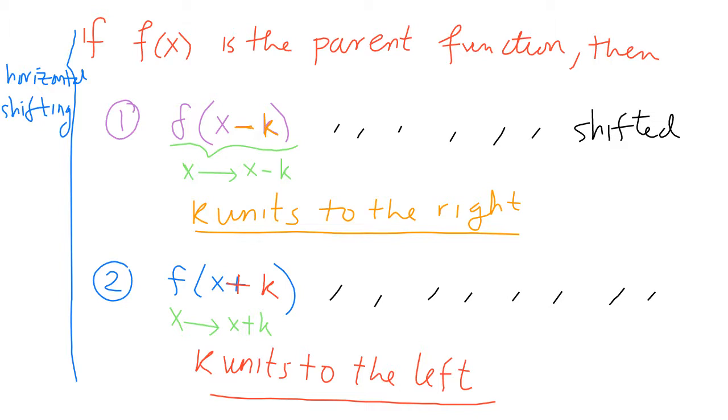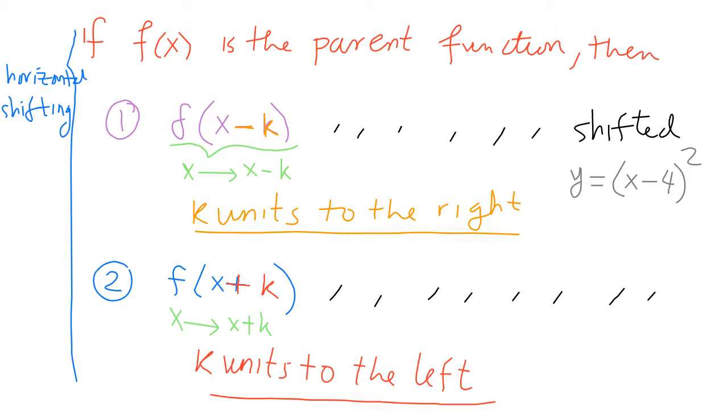An example of this, like y equals x minus 4 squared. You see, I took x out, replaced it by x minus 4. What will happen in this case? See, I'm not changing outside the parent function. I'm changing inside the parent function.